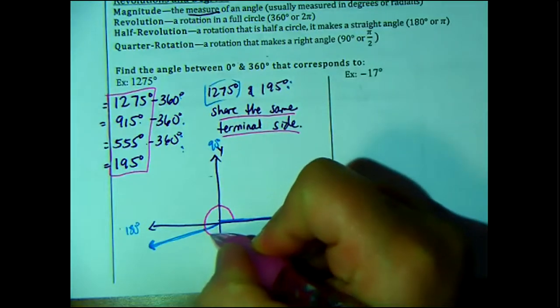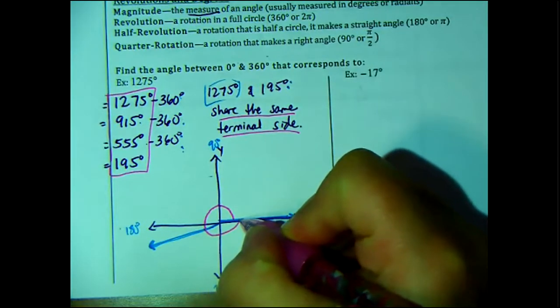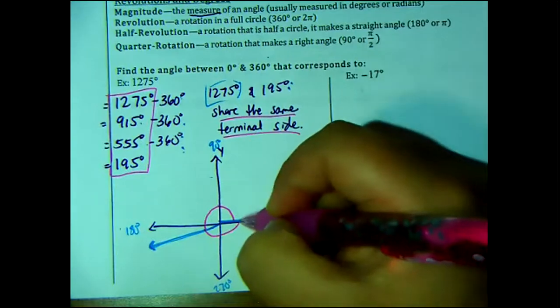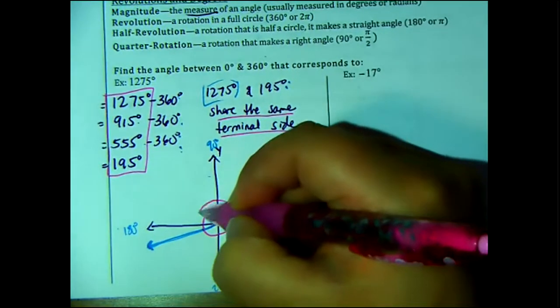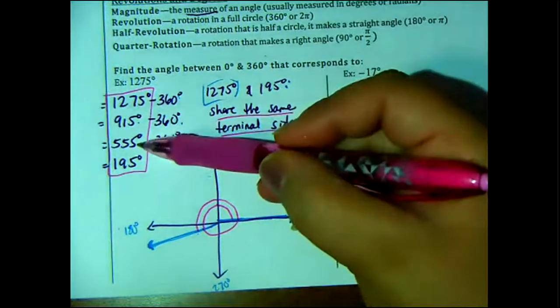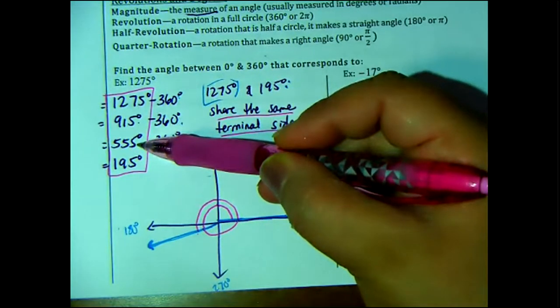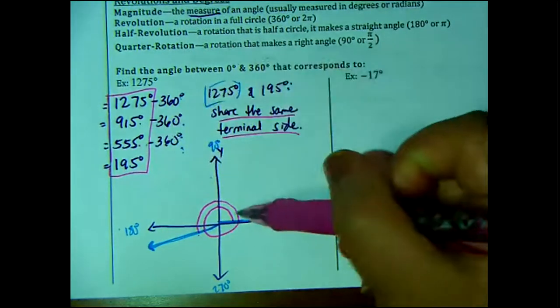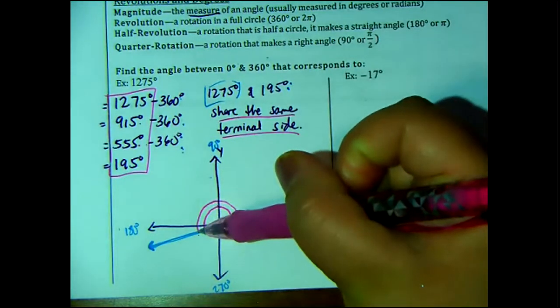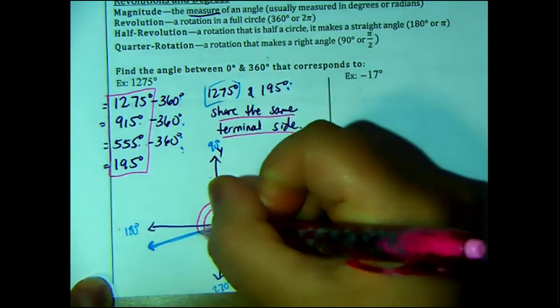So I'm going to continue on. That's one full revolution right there. If I bring that further and bring it to my terminal side again, I have just graphed this angle right here, 555 degrees, because I went a full 360 plus the 195. Okay, but again, I continue on.